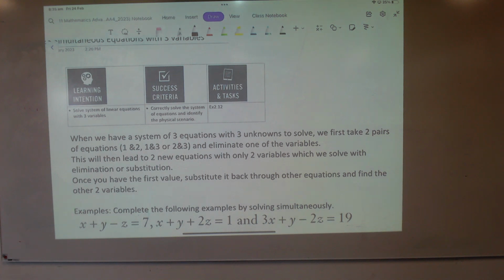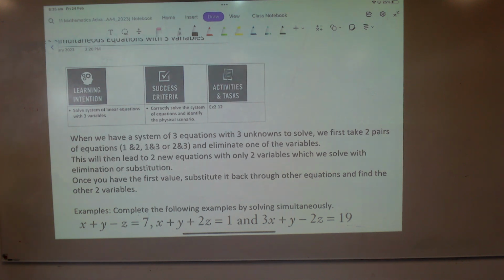The way you approach this is you start with 3 equations, 3 unknowns. You need a system of 3 unknowns and 3 relationships. You take pairs and eliminate 1. For example, I would take the first and second and get rid of z, creating a new equation.